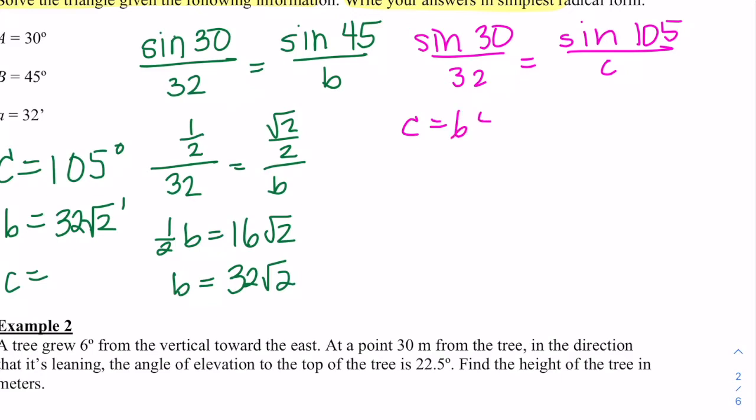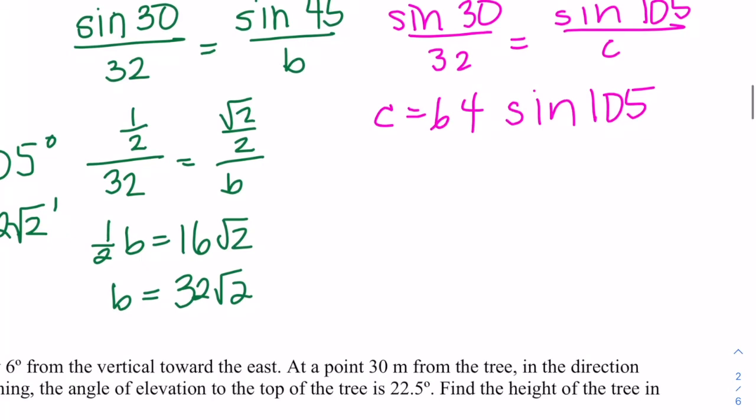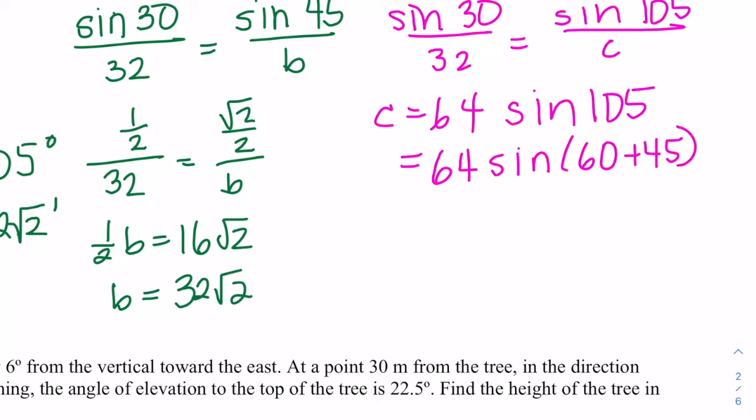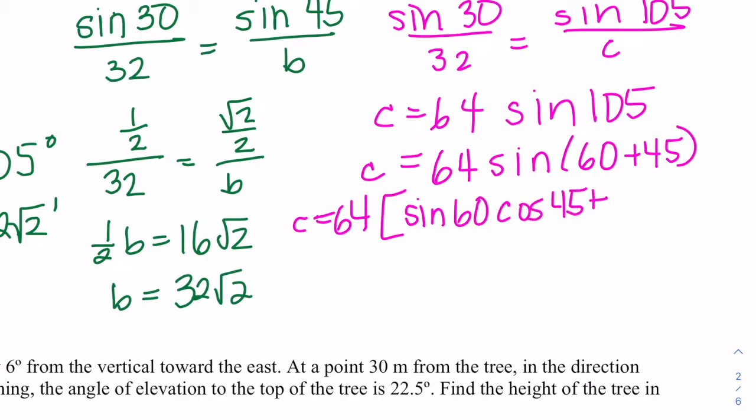64 times sine of 105. Now we could use the sum formula for sine. We could separate this into 60 and 45, and rewrite this as sine of 60 cosine of 45 plus sine of 45 cosine of 60.